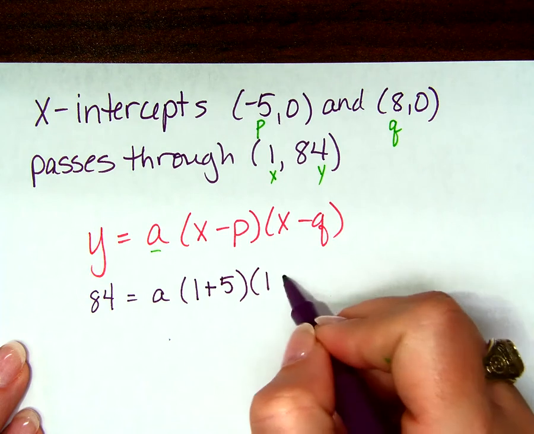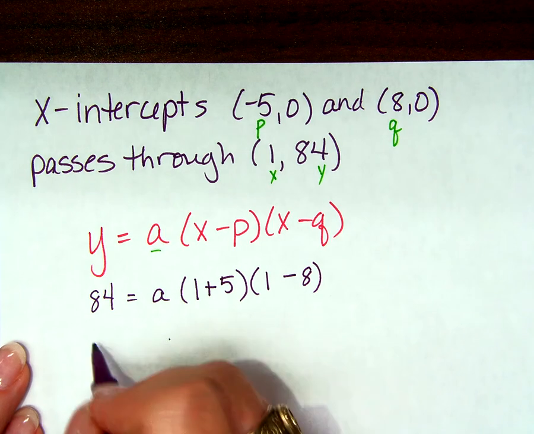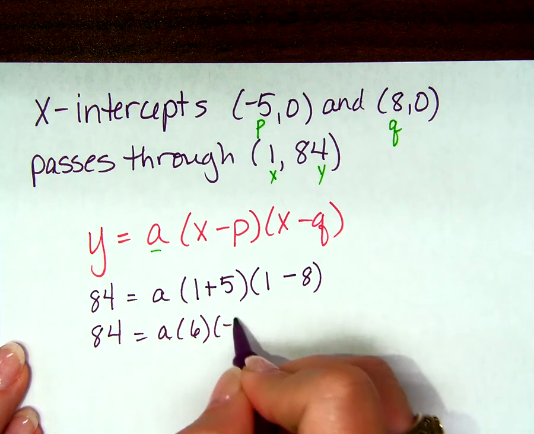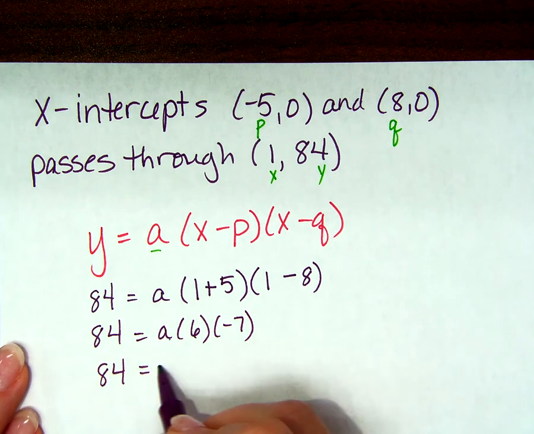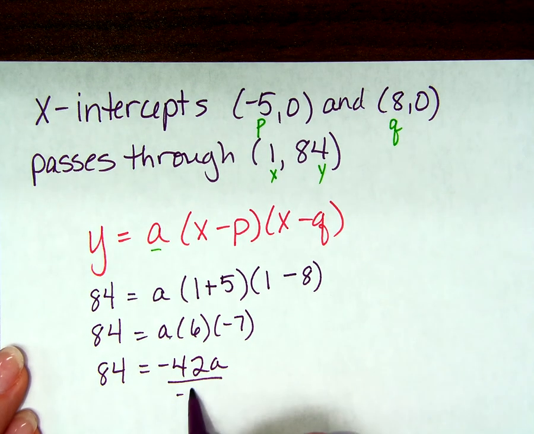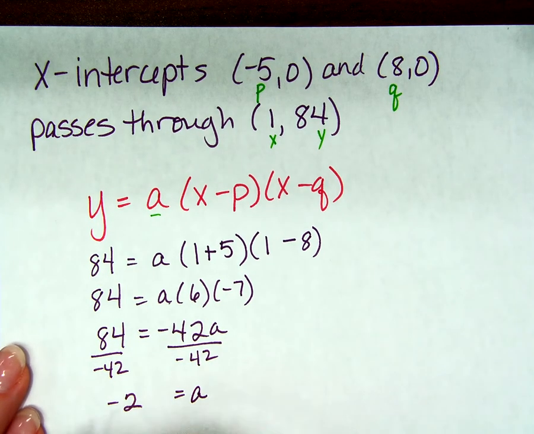And then 1 minus 8. So again, we're just simplifying here. 84 equals a times 6 times negative 7. 6 times negative 7 is negative 42. And when I try to solve for a, I divide both sides by negative 42. And a equals negative 2.